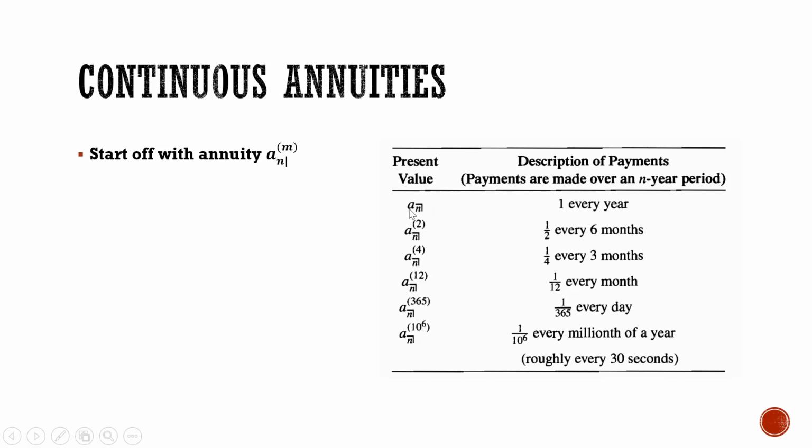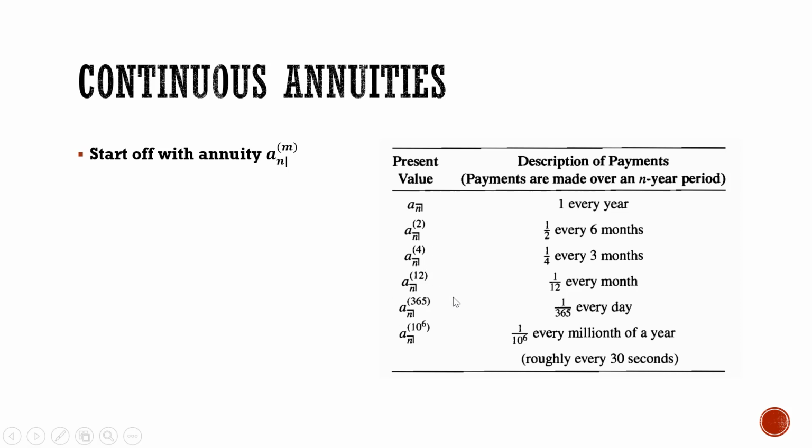For example, a angle n is an annuity immediate, which is made at the end of each year, and every year we pay $1. a angle n with top script 2 is an annuity that is made over an n year period, but in a year we make payment twice. So in each payment we pay one half, so in a year we pay a total of $1.